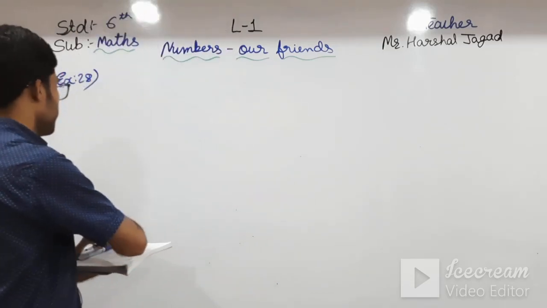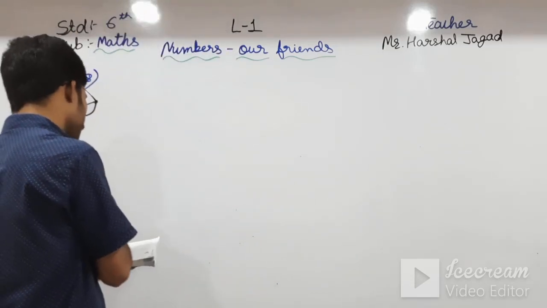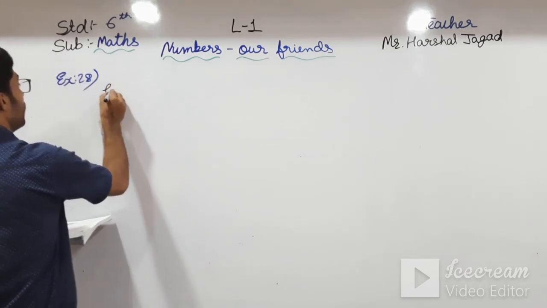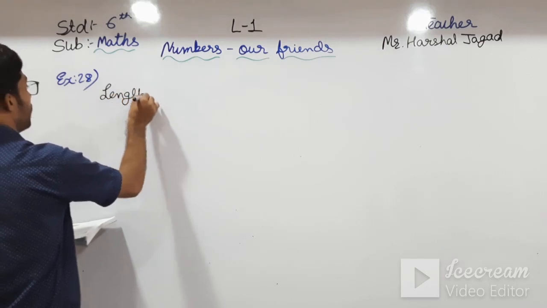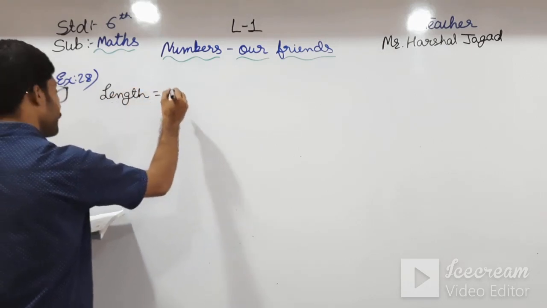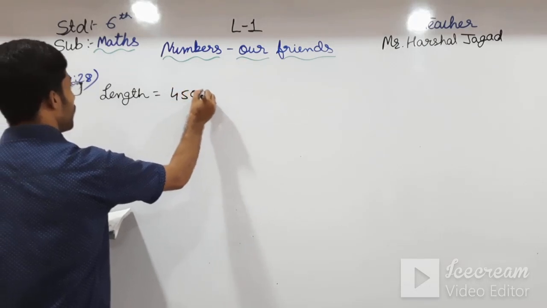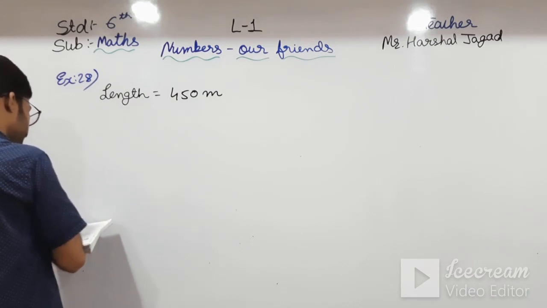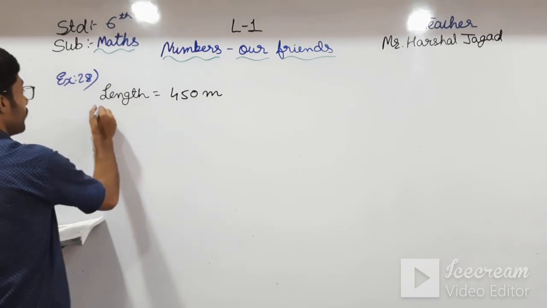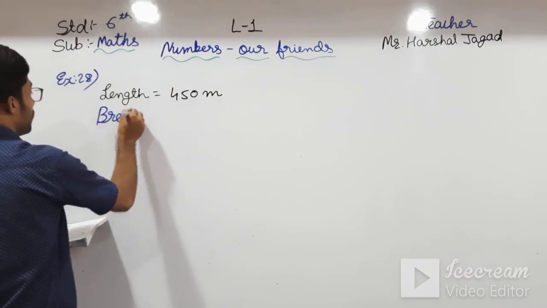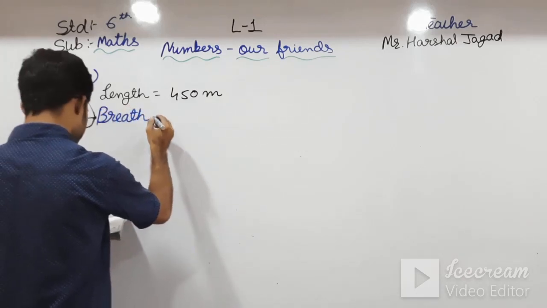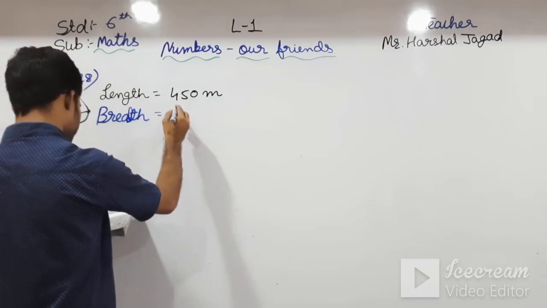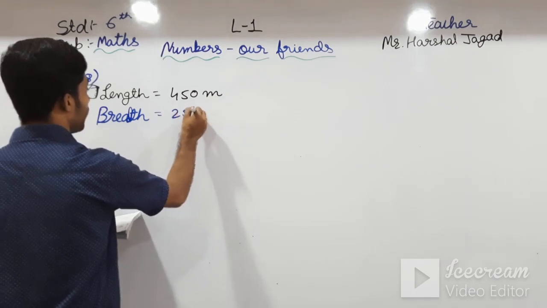So it is given, length is 450 meter and breadth is 250 meter.